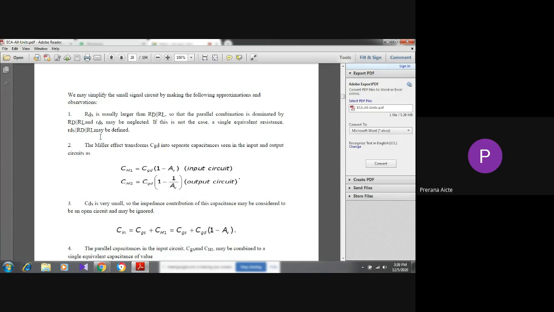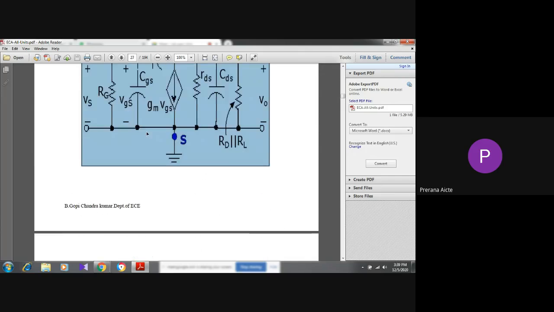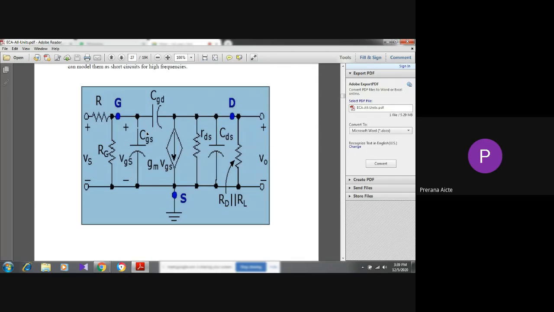Of course, it is not mandatory to have all these resistors at the output side. Sometimes we may have only a single resistor, then we can consider that single resistor. Suppose there are two, three, or four resistors connected at the output side, we can consider the parallel combination of all resistors. In the figure, this resistance is the parallel combination of RD and RL.